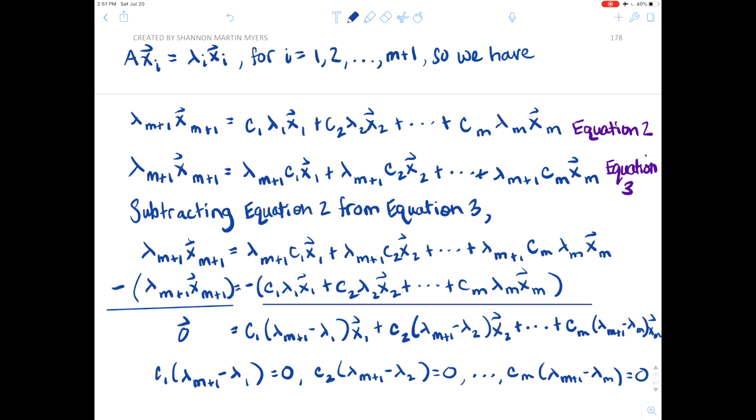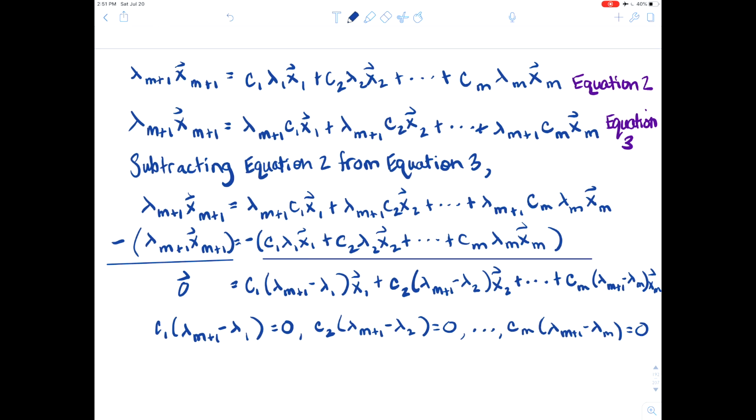And so we know for sure that c1 equals 0, c2 equals 0, all the way down to cm equals 0. And we know this since lambda 1, lambda 2, all the way down to lambda m are distinct.